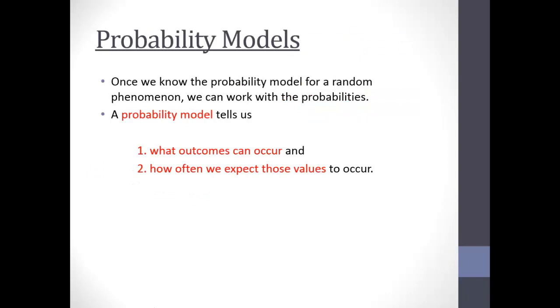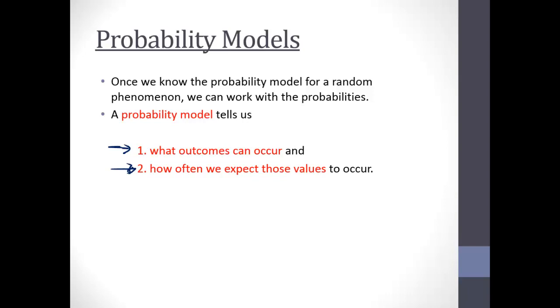And this leads us to the idea of a probability model. Once we know what a probability model is, we can start to work with the probabilities in a particular example. There are 2 things involved in a probability model. It's like a marginal distribution, you can think about it that way.